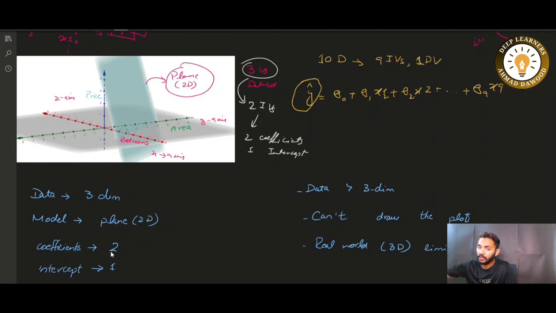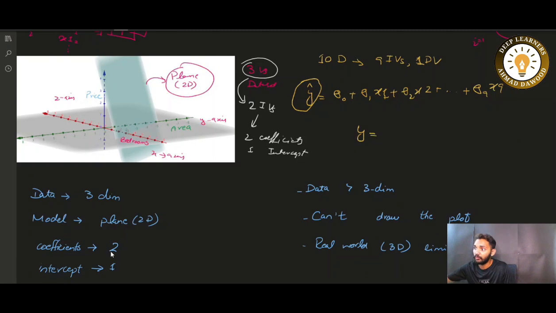In the real world, as I told you multiple times, we cannot see a graph or plot greater than three-dimensional. We cannot see four-dimensional space, but we can prove or calculate it mathematically.